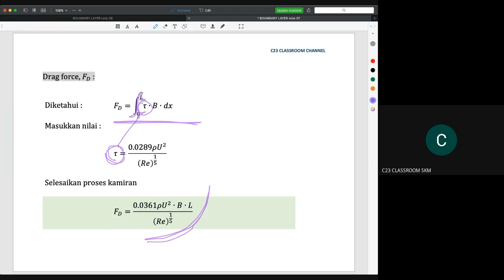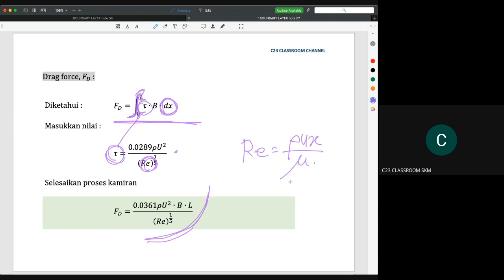Then what you need to do is refer to my previous notes, or please do not worry, because this integral is actually an integral with respect to dx. So you just need to expand the value of x in the Reynolds number. We know that the Reynolds number is equal to rho u x over mu.